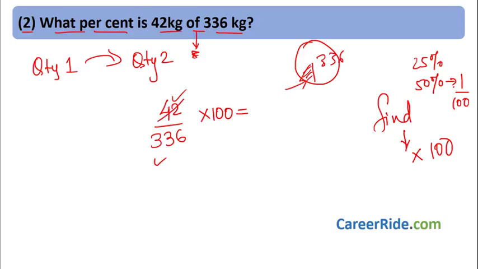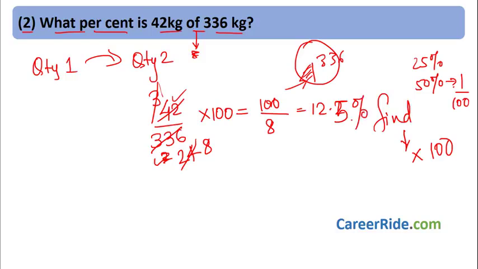That is 14 3s are 42, 14 24s are 336. So 100 upon 8, that would be 12.5%. So 42 kg is 12.5% of 336 kg.